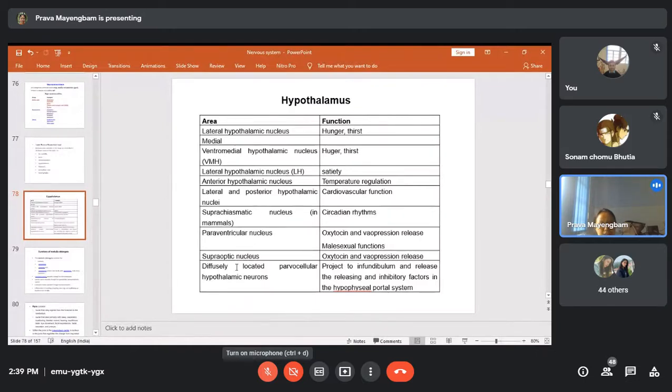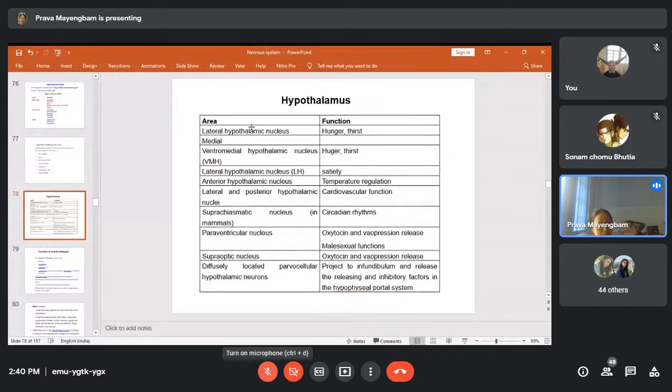Paraventricular nucleus, supraoptic nucleus, diffusely located parvocellular hypothalamic neurons. Diffusely located means they are all scattered. This nucleus is associated with hunger and thirst.